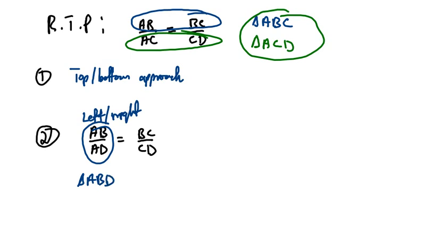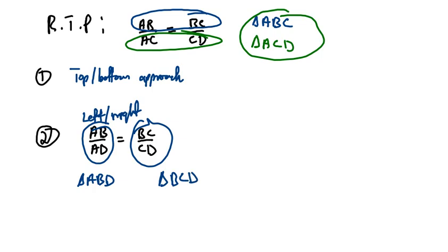The same thing with the right hand side. Is it actually possible to have BCD? If so, do I have the sides BC and CD in existence? If that is the case, then try and prove that these two triangles are similar. So that's all.